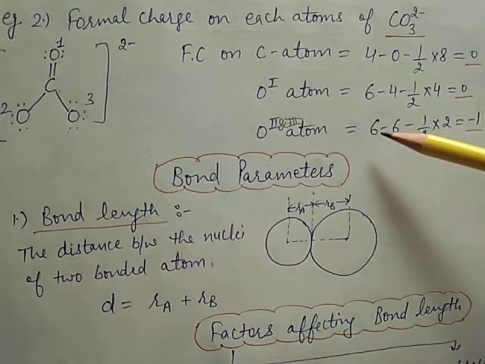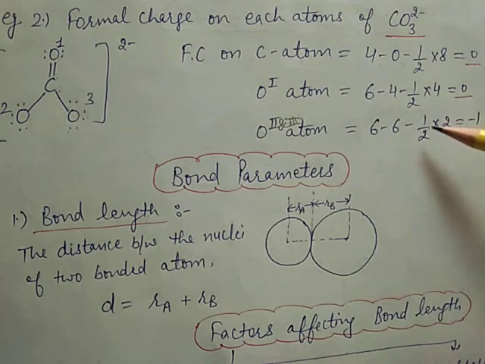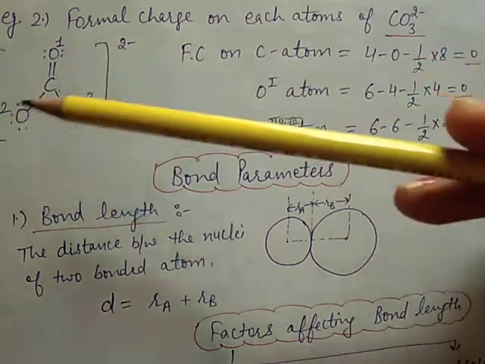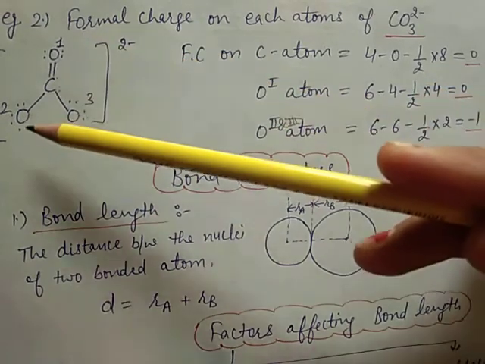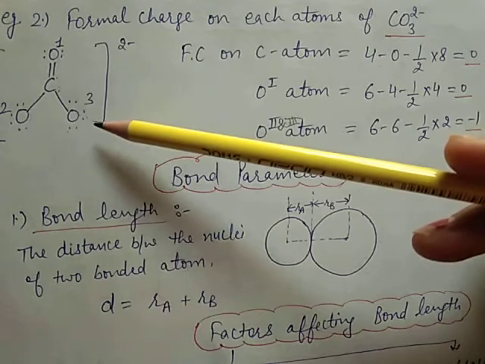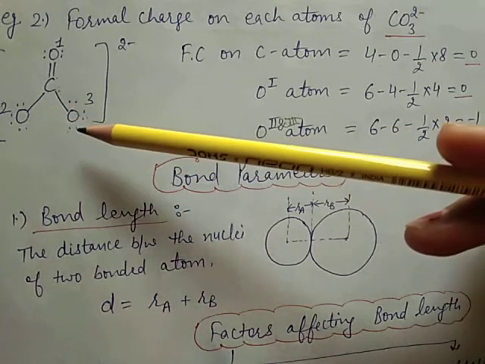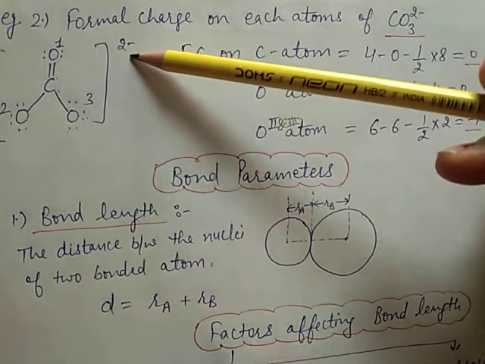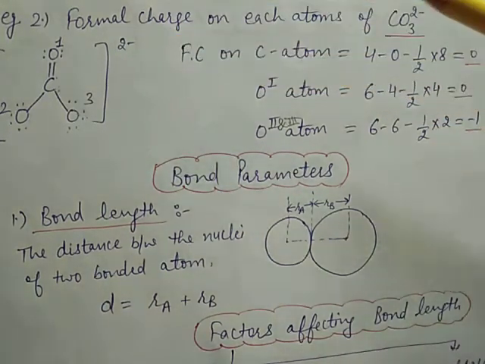So 6 minus 6 minus 1 is equal to minus 1. So this oxygen atom has 0 charge, and these two oxygen atoms have minus 1 charge each. Minus 1 and minus 1 make minus 2, so overall the carbonate ion has a minus 2 charge.